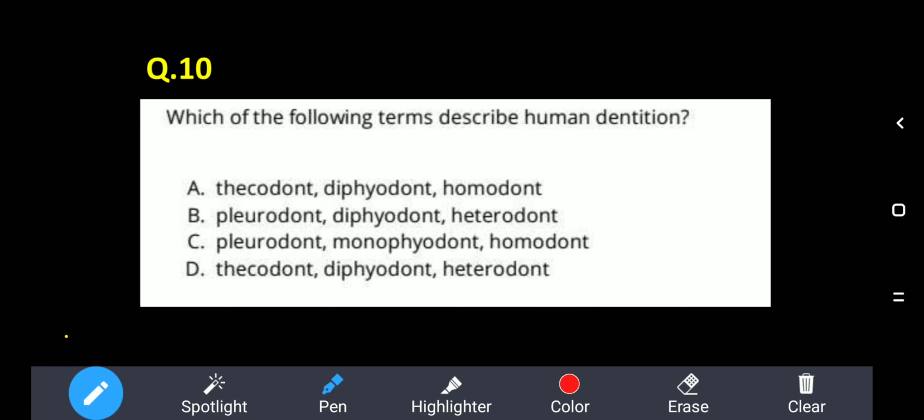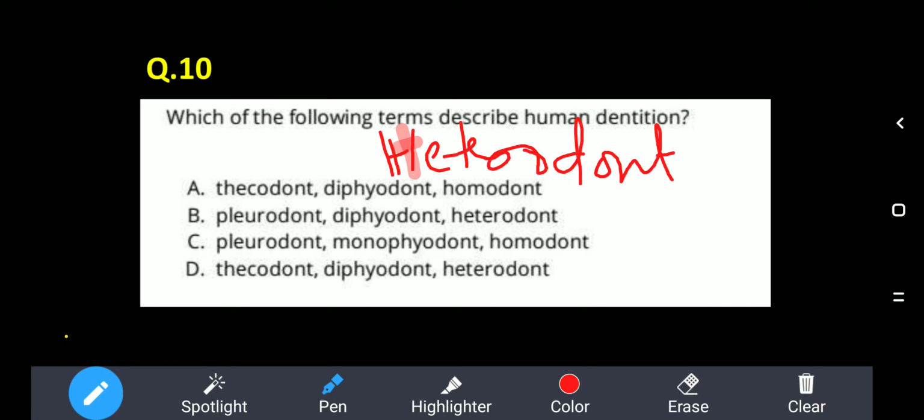We need to see here, we human beings are heterodont. Why are we heterodont? Because we have got incisors, canines, premolars and molars. Hetero means different. We have got different types of teeth present in our mouth.